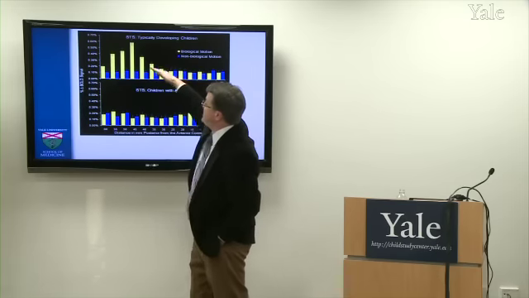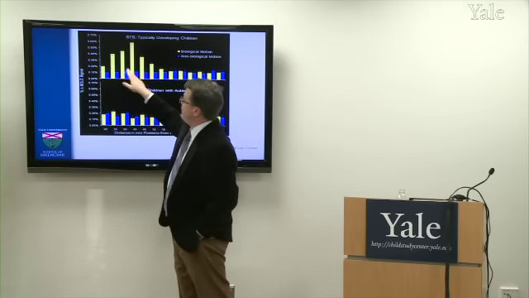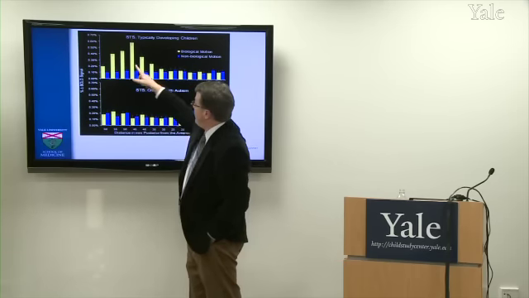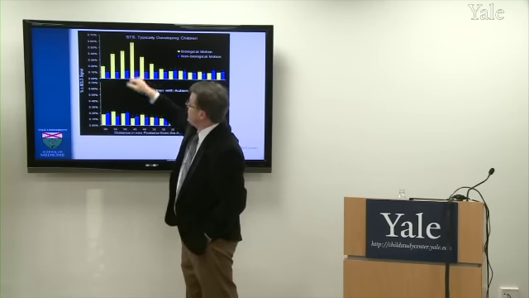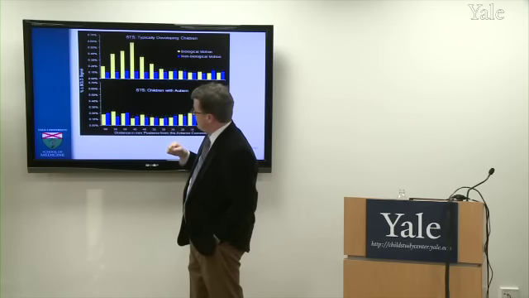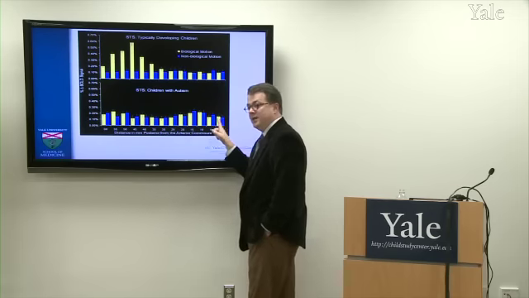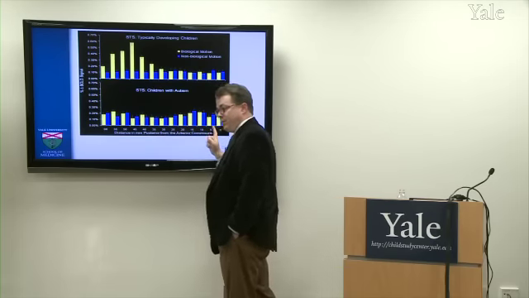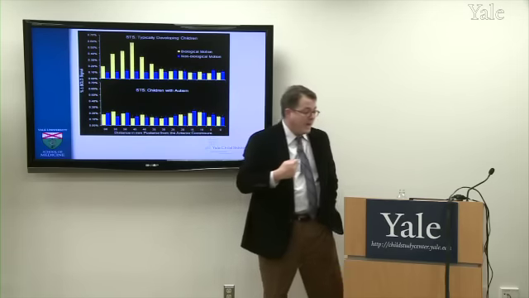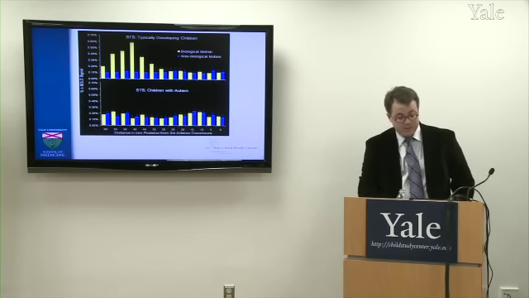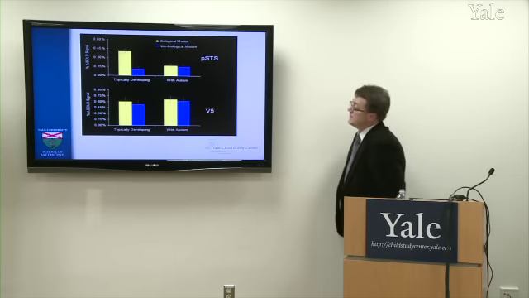Typically developing kids nicely differentiate biological from non-biological motion. Again, about 40 to 50 millimeters back into the brain, okay? Right hemisphere, biological motion in yellow, non-biological motion in blue. But the children with autism fail to make that differentiation all along their superior temporal sulcus, right? So we have a biological basis for the failure to perceive biological motion properly in these children with autism.